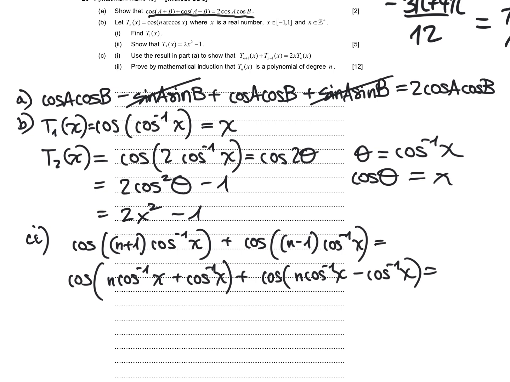This is clearly a, and this is b. So we're going to have 2 cosine of n cosine inverse x times cosine b.